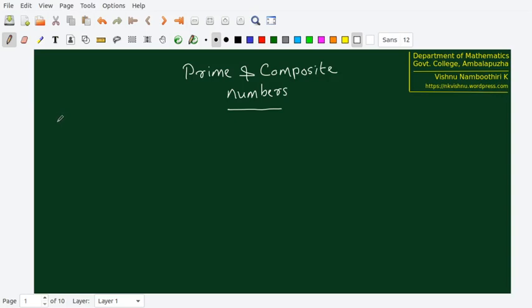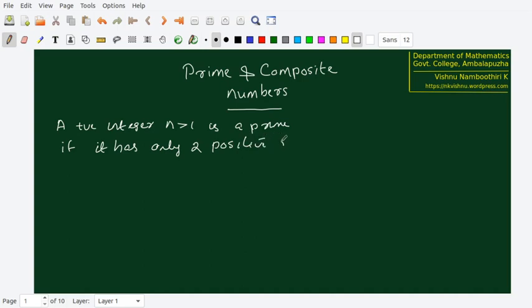A positive integer n greater than 1 is a prime. Definition is the following: if it has only two positive divisors, 1 and n itself.